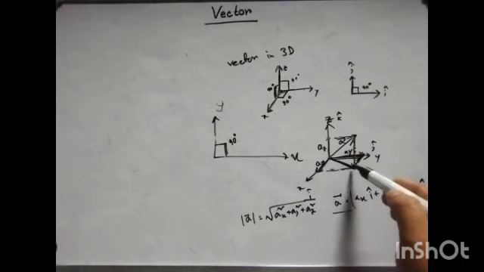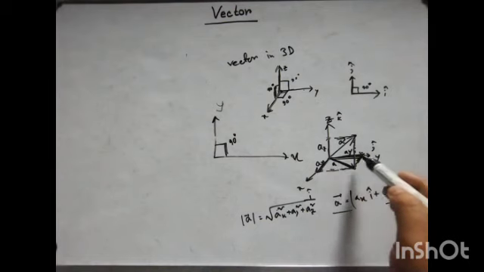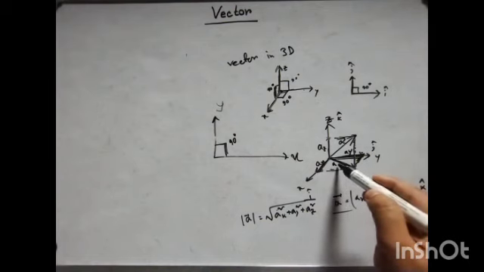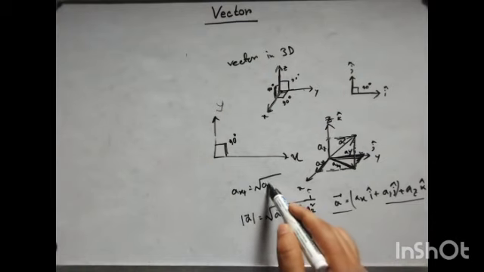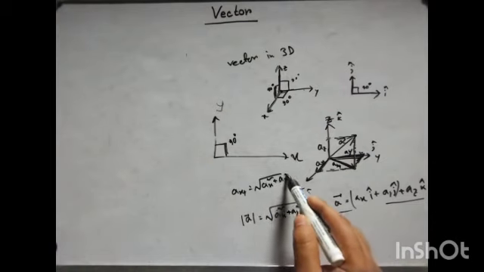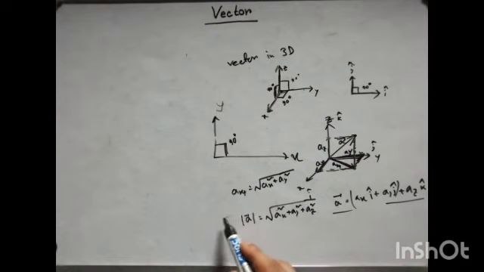Because, suppose this is axy, then axy will be root over ax square plus ay square.